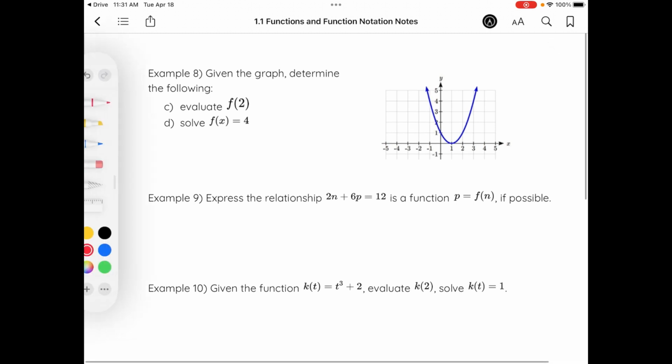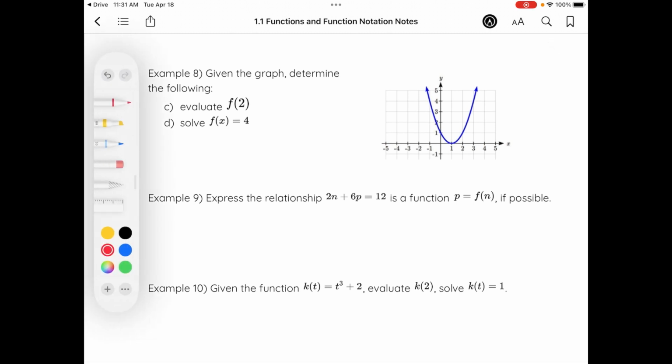Let's evaluate this quadratic here. So given the graph, evaluate f of 2 and then solve for f of x is 4. So f of x is y, the function itself. So I'm going to input my x values and my output is my y values. So if I'm inputting my x value of 2, what is the output value?